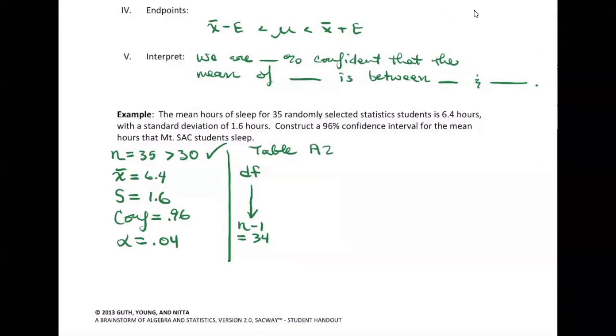Remember, n is 35. Look up alpha equals 0.04. Make sure it's 2 tails. 34 degrees of freedom measures how variable the sample standard deviation is and takes that into account for the margin of error.